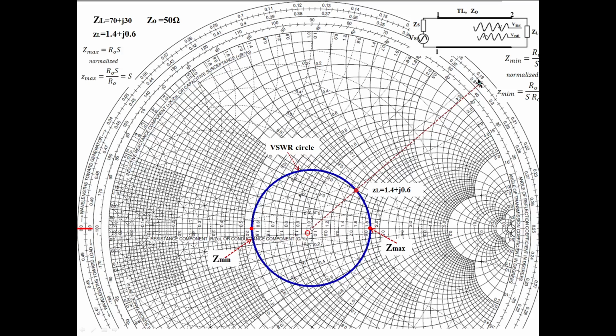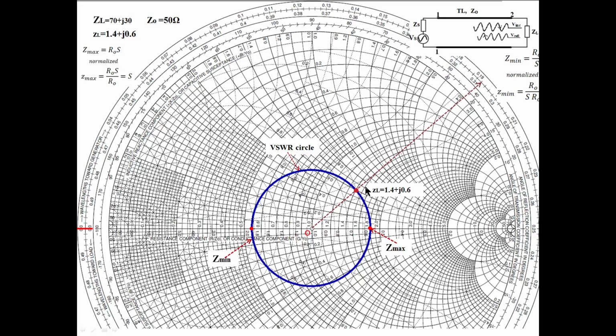Here we are not at exactly 0.19, but one division higher, so that adds 0.002, and you should add that value. That is where our load is.